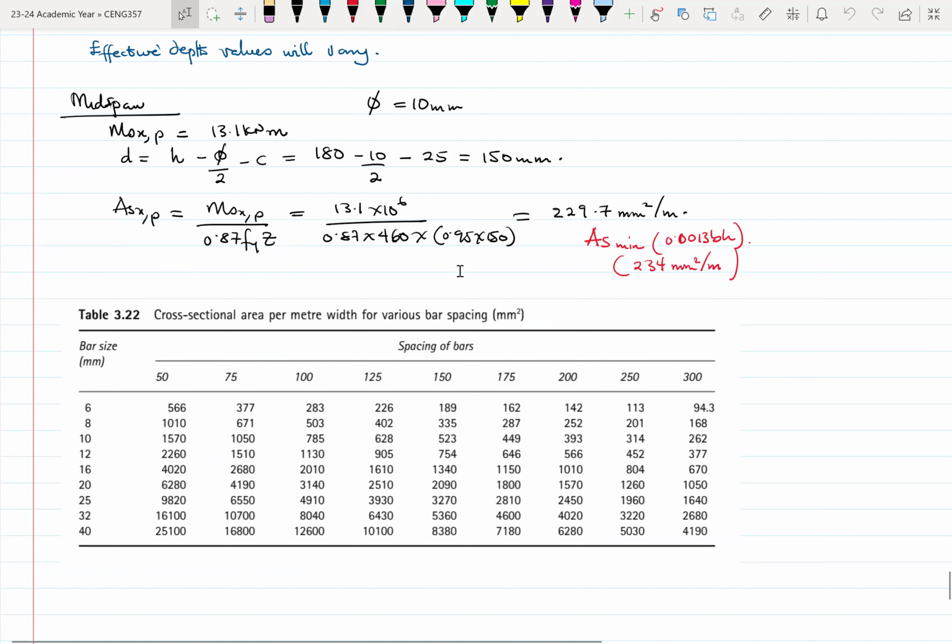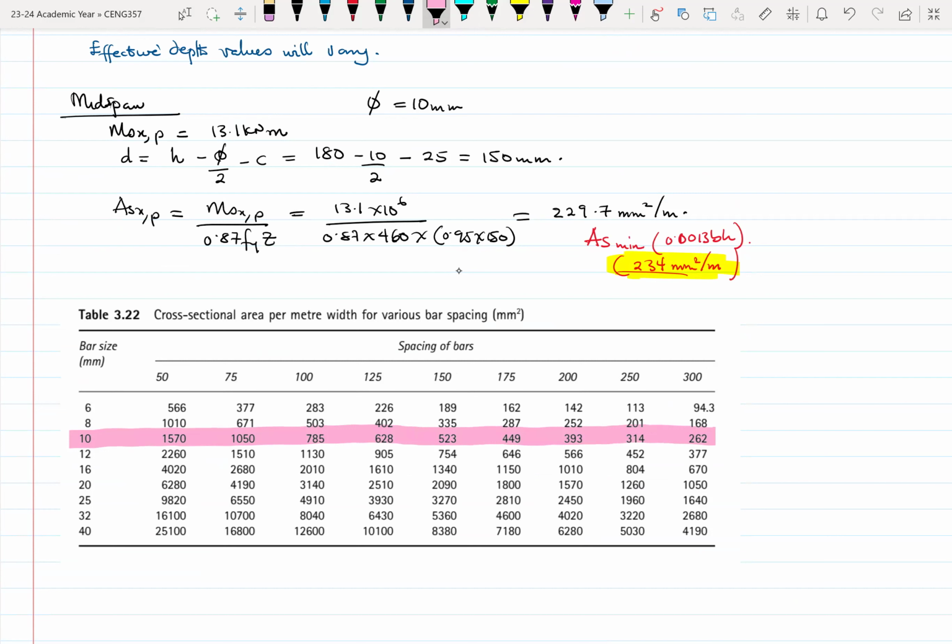In this case, we go with the 234. And since we are looking at bar size of 10 millimeters, 234, the lowest we can use in this case will be 262.